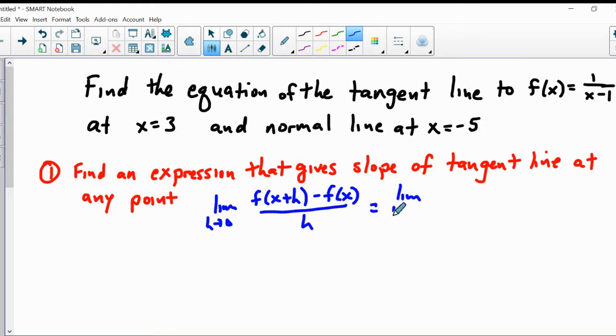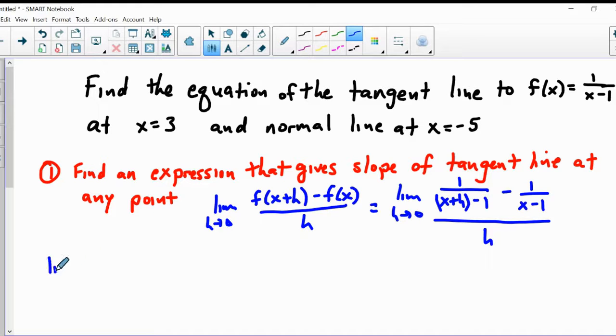So limit as h approaches 0 of 1 over x plus h minus 1, minus 1 over x minus 1, all over h. The parentheses aren't really that necessary there. Now it just becomes a matter of simplifying this.